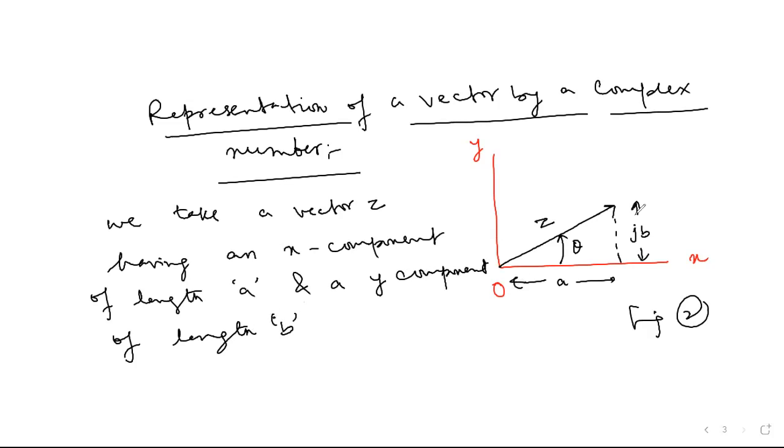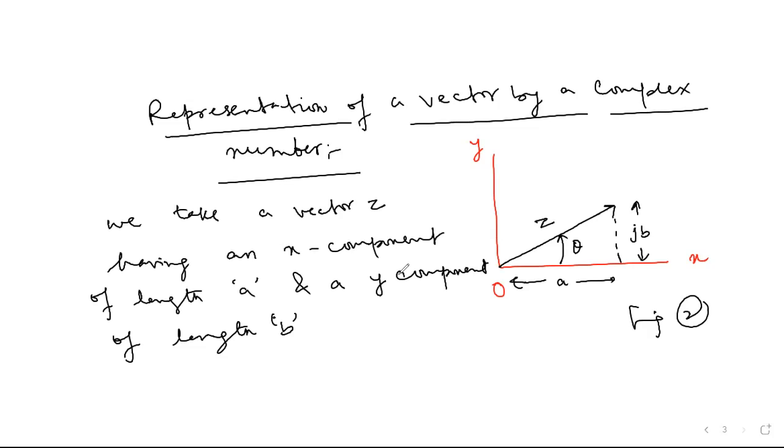So we take a vector z having x component of length a and a y component of length b, right?